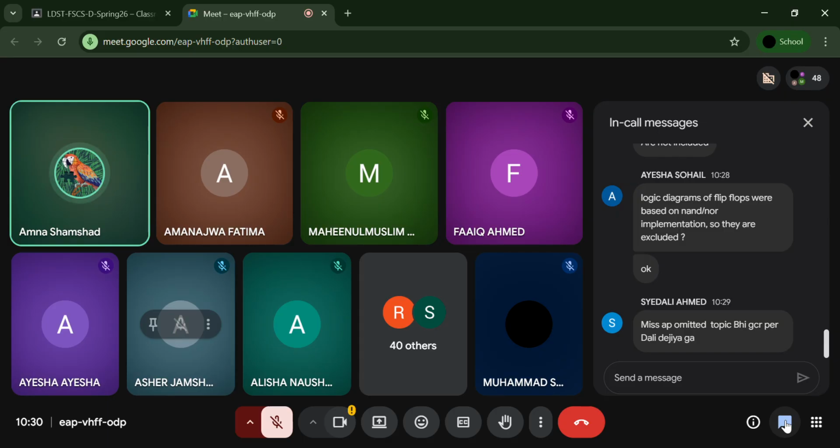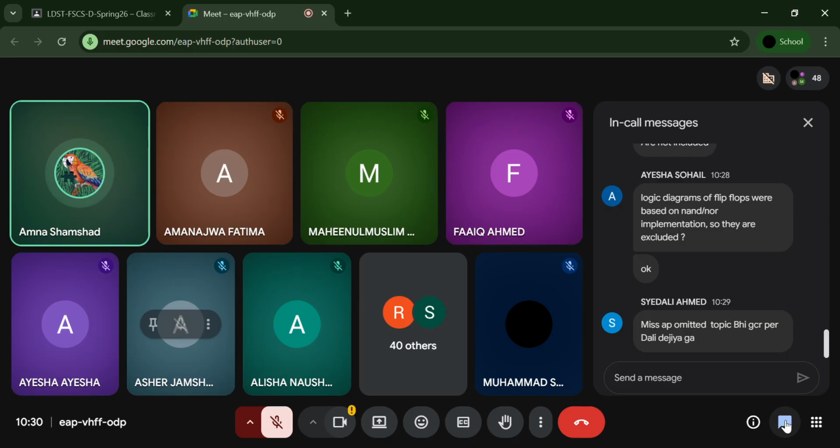So after this, we have the synchronous counters and asynchronous counters. Both counters are included, along with their state diagram, their working table, that is basically for the count sequence, and then finally their diagrams and their expressions. Okay. Then we have shift registers.